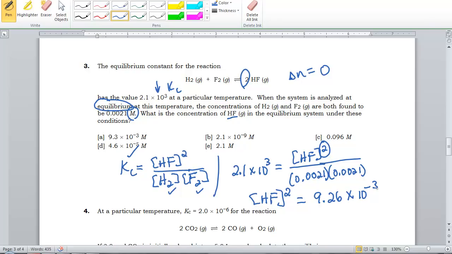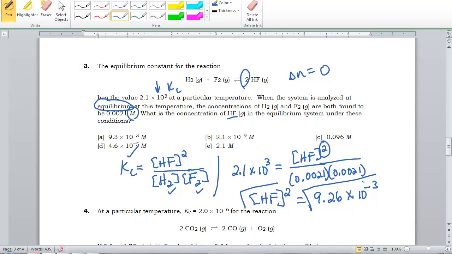Okay. Now, that is not the concentration of HF at equilibrium. That's the concentration of HF squared. So what do we need to do mathematically to get the concentration of HF? Yeah, we need to take the square root of both sides. So the square root of HF squared will just be HF. Square root of 9.26 times 10 to the negative third will give us the concentration of HF at equilibrium.